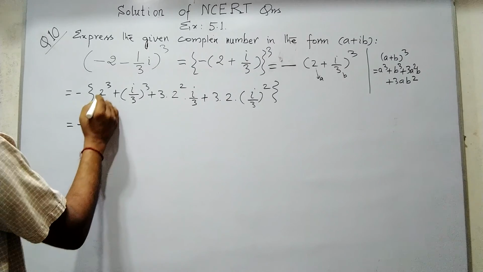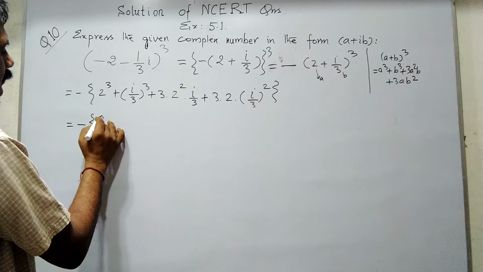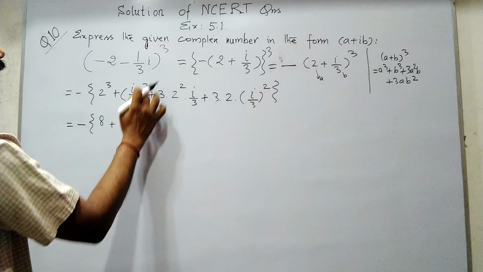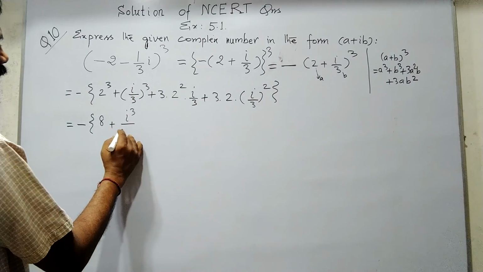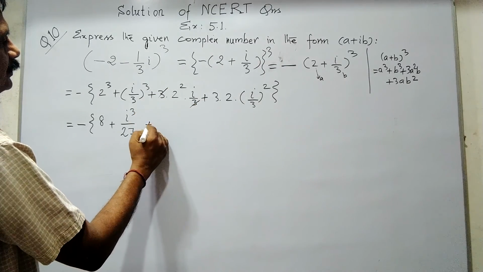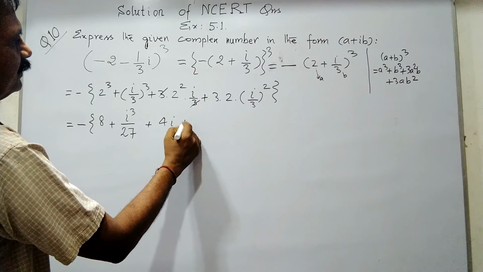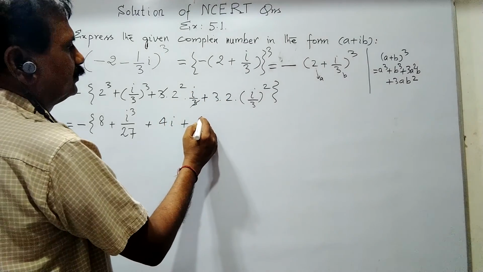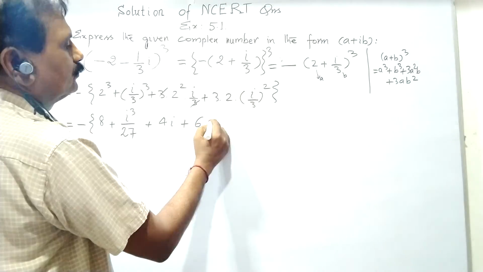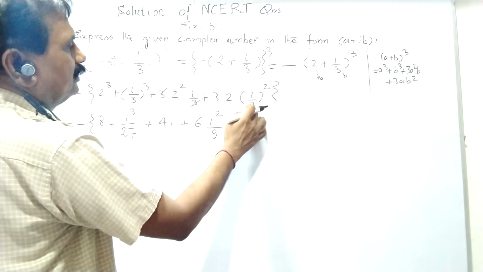Now this becomes minus, 2 to the power 3 cube, 2 twos are 4, 4 twos are 8, and this is i to the power cube, i cube, 3 to the power cube, 3 threes are 9, 9 threes are 27. Here we just cancel out, then 2 square means 4 into i, 4i, and this becomes 3 into 2 is 6, and this is i square, and this is 3 to the power square means 9.